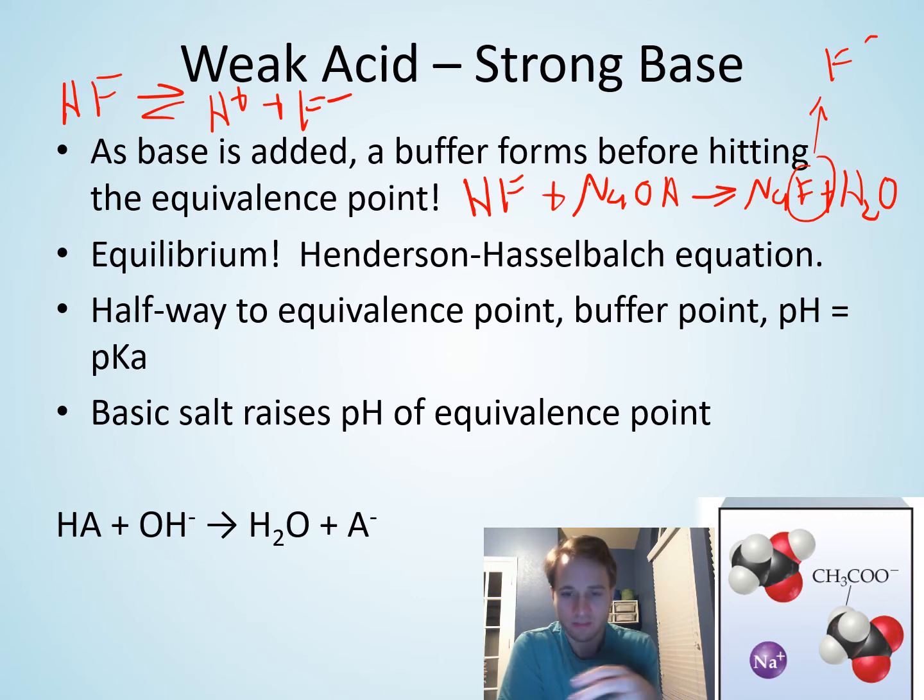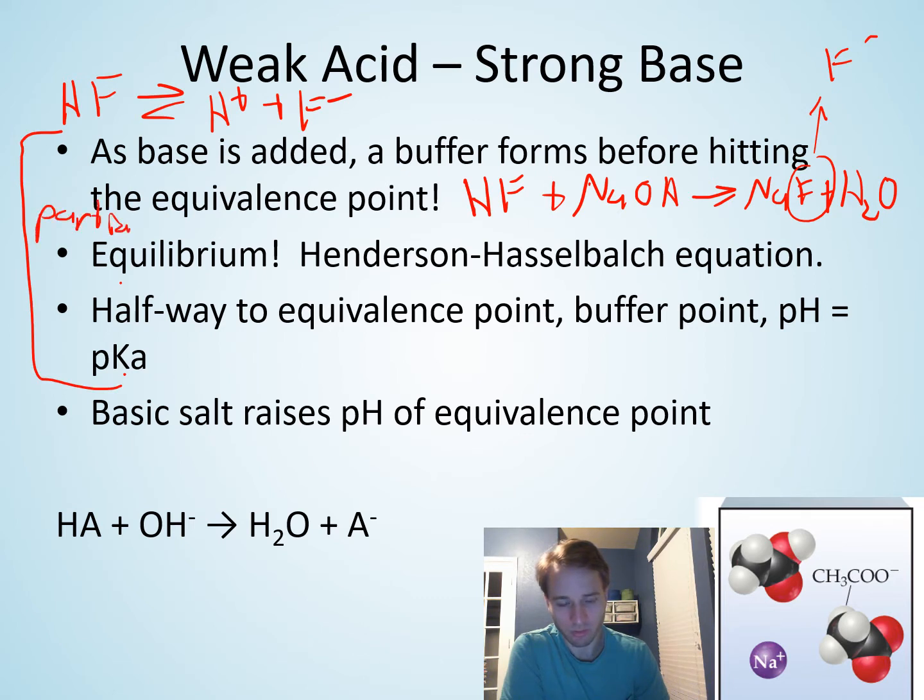So this now is an equilibrium solution, that's a buffer solution. I can just use the Henderson-Hasselbalch equation to find the pH at any point so far during this partial neutralization phase. So this is the first phase here. Actually, all three of these points are talking about when I have partial neutralization, right?